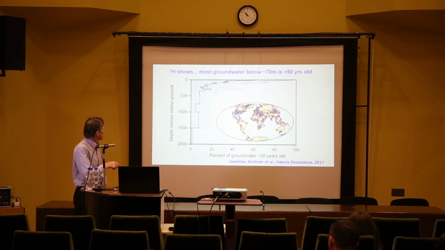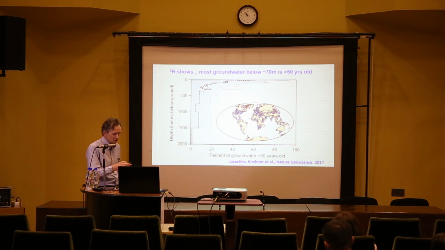And if you calculate the fraction of groundwater that is younger than about 50 years old, you see that below about 70 meters depth, most of the groundwater is older than 50 years old. That is, the fraction that's younger than 50 years old gets small fast. So most of this groundwater is more than 50 years old.